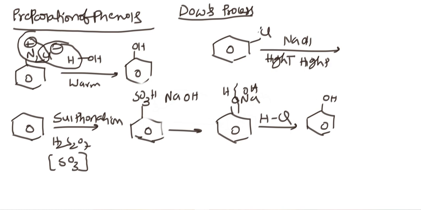Please listen here. In chlorobenzene there is a partial double bond. The reaction takes place only at high temperature and high pressure, because they help to break this partial double bond. NaCl is eliminated, forming the compound phenol. Just look into that once.